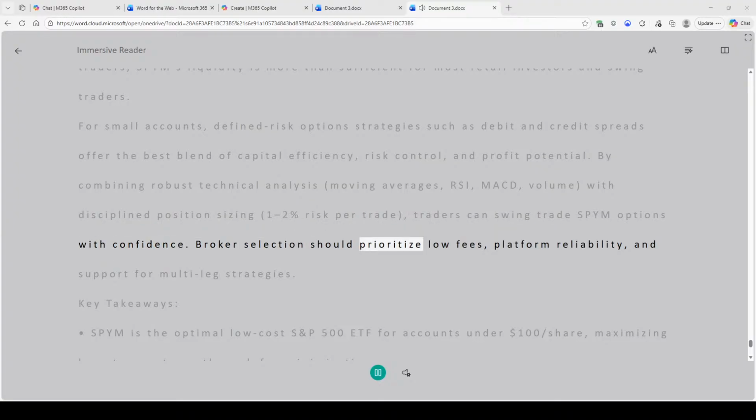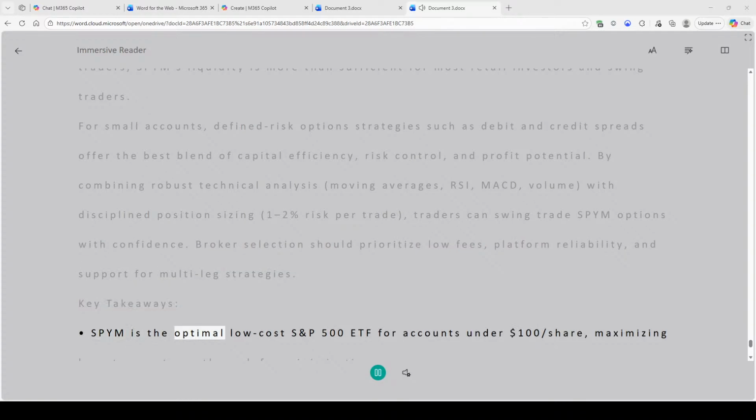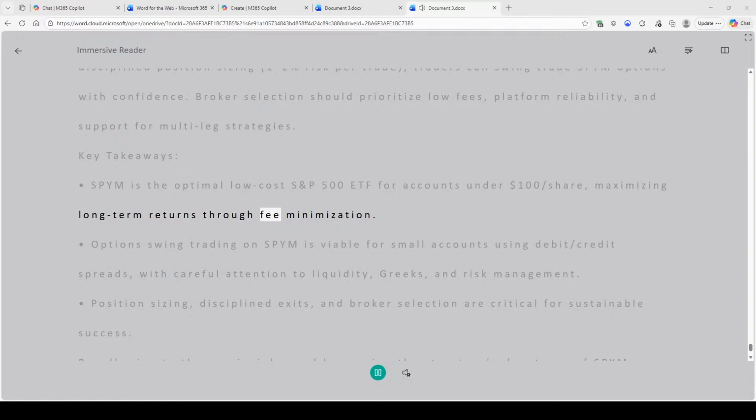Broker selection should prioritize low fees, platform reliability, and support for multi-leg strategies. Key takeaways. SPYM is the optimal low-cost S&P 500 ETF for accounts under $100 per share, maximizing long-term returns through fee minimization. Option swing trading on SPYM is viable for small accounts using debit/credit spreads, with careful attention to liquidity, Greeks, and risk management.